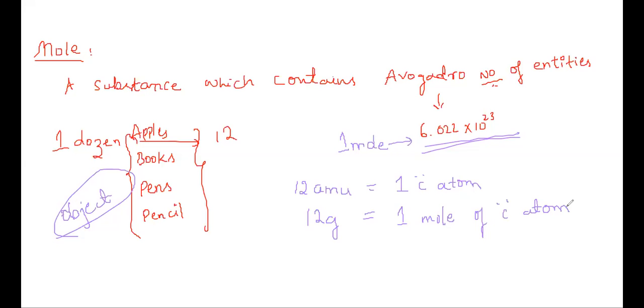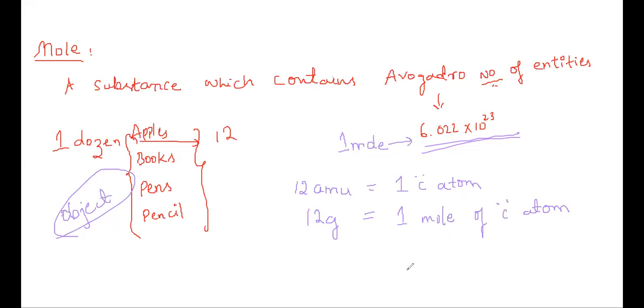Understand the difference here? When I express in terms of AMU, the mass of one carbon atom is 12 AMU, atomic mass unit. But if I write 12 gram, that indicates the mass of 1 mole of carbon atoms.